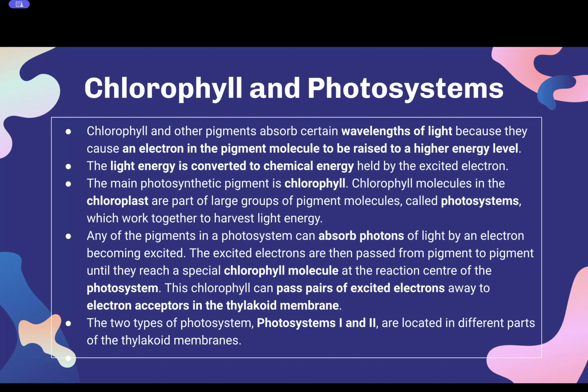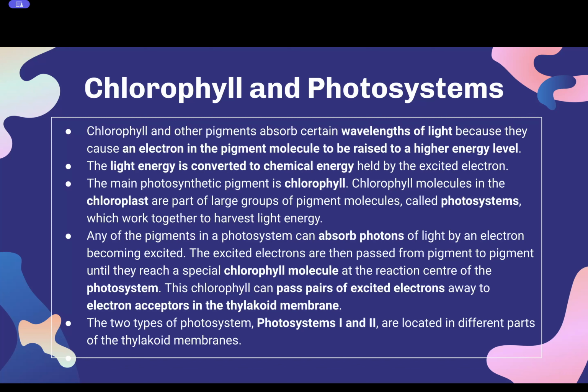And the main photosynthetic pigment in plants is chlorophyll. And chlorophyll molecules in the chloroplast are a part of large groups of pigment molecules. And the entire group of pigment molecules is called a photosystem. That's what a photosystem is. So the photosystem is basically a group of pigments that work together to absorb light energy.